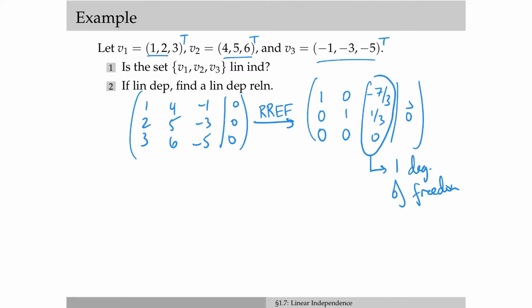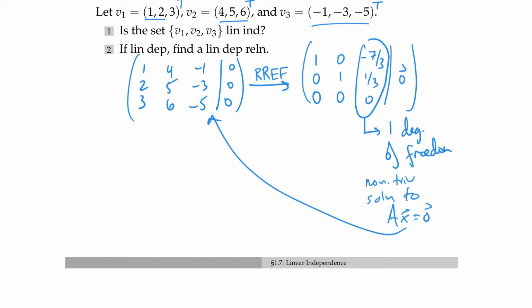That 1 degree of freedom, we recall, directly means that we have a non-trivial solution to Ax equals 0, which is that in disguise. So is it linearly independent? Well, no. The set is linearly dependent.